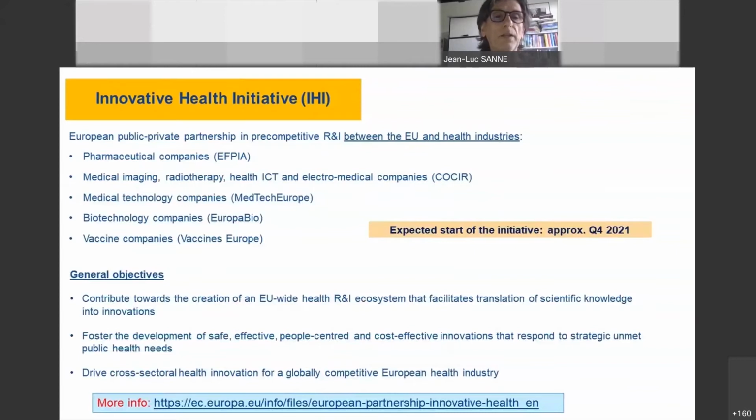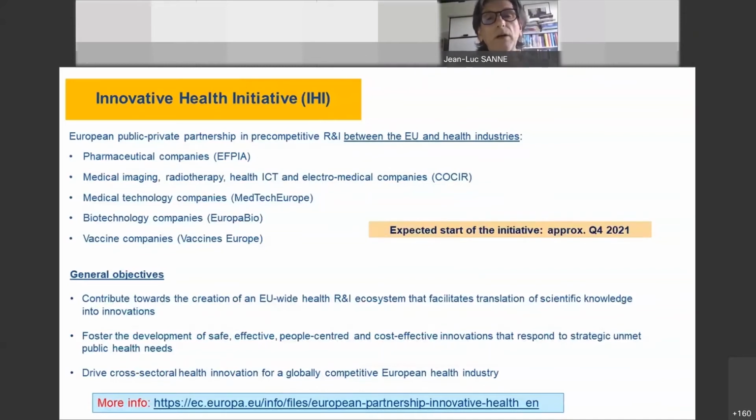I will start by saying a little word on the Innovative Health Initiative, because I think it's a partnership which may have a lot of interaction with a co-funded partnership on personalized medicine.